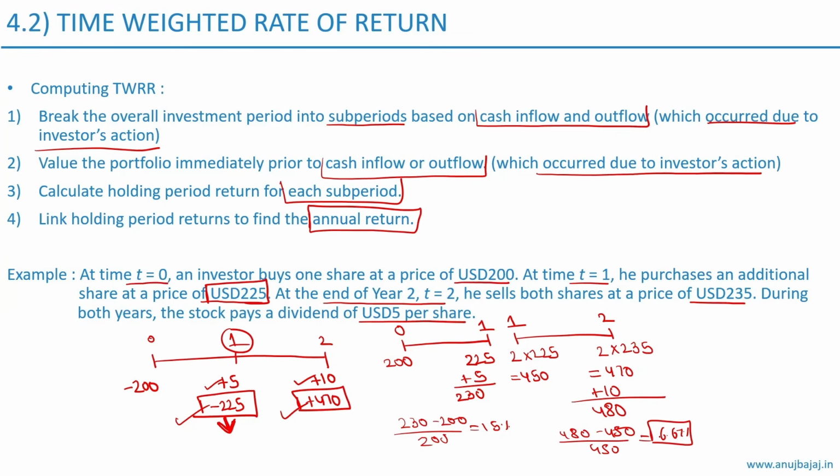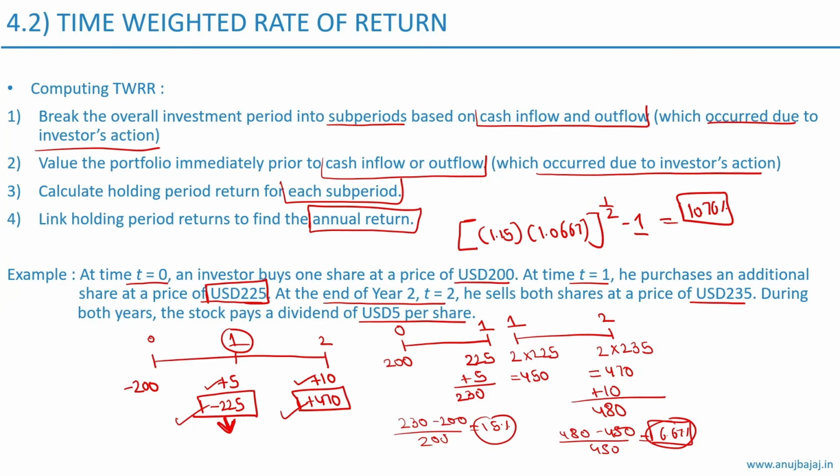Now from these 2 holding period returns, let us calculate the annual return. So using the geometric mean, we take 1.15 multiplied by 1.067 and then raise it to the power 1 by 2, minus 1. You should get the time weighted rate of return to be 10.76%.